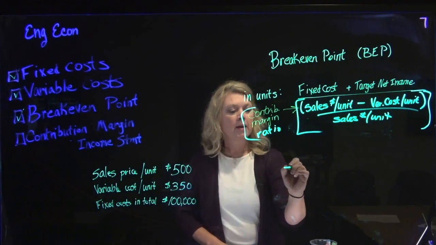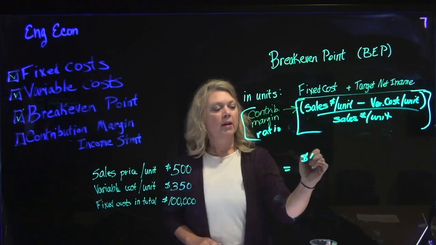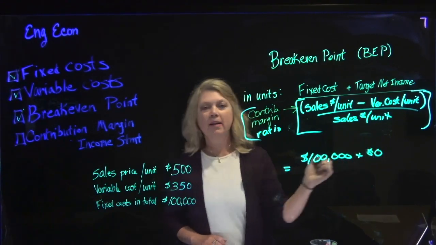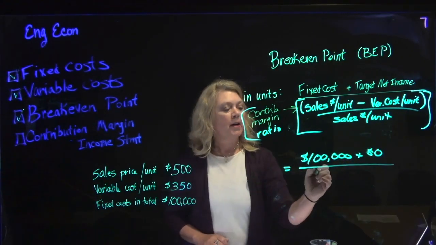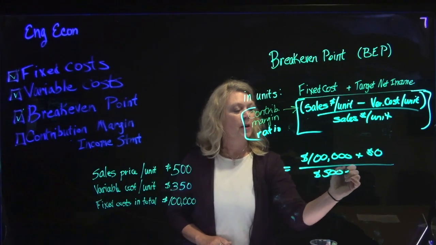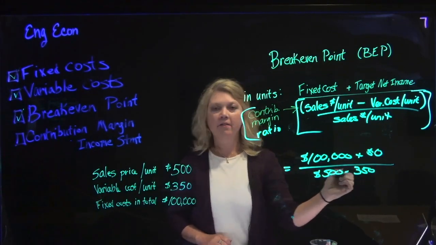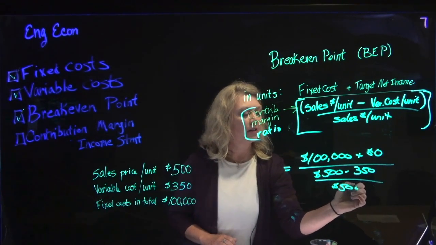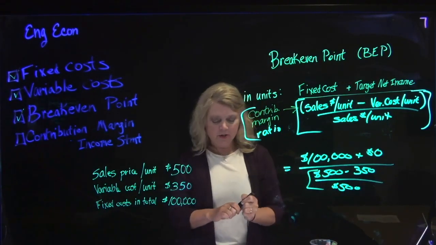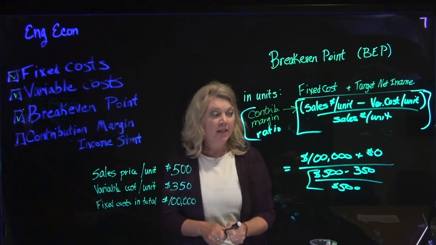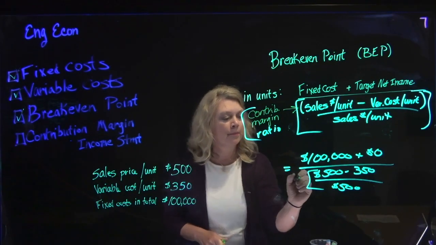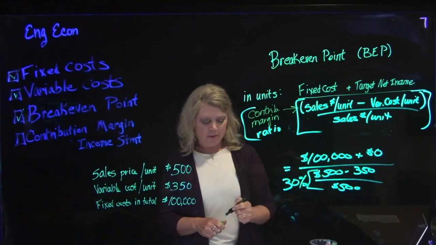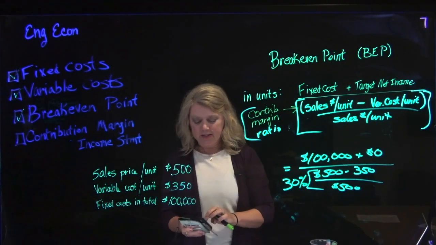Let's go back and use our numbers again. 100,000 fixed cost plus 0 net profit, divided by 500 selling price minus 350 variable expenses per unit, and then divide again by the $500 selling price. Let's see what that contribution margin ratio is. I think it works out to 30% in the denominator, right? So 100,000 divided by 30% should give us the same.